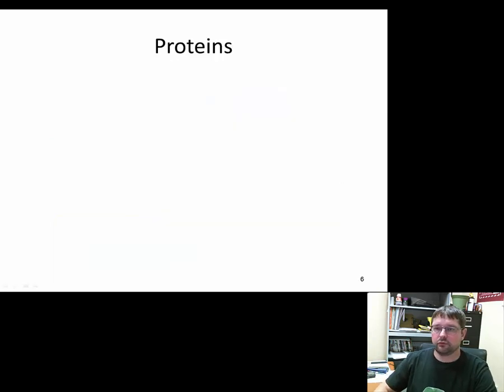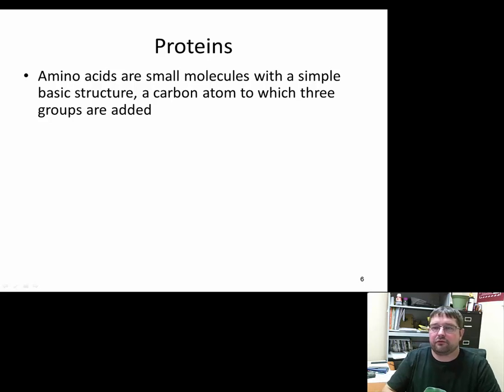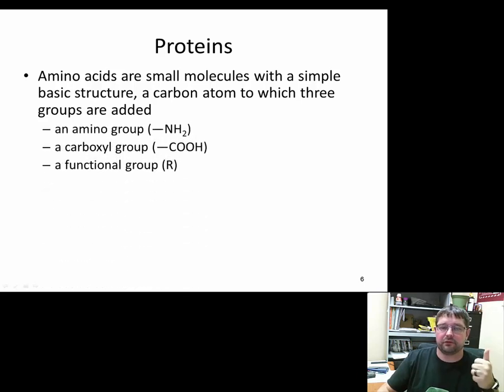So amino acids, or that small subunit of a polypeptide, are interesting for a couple reasons. First, they consist of three main things: an amino group, a carboxyl group, and then a functional group. Now, all amino acids will basically have the same amino group, the same carboxyl group, and their functional group will be different.